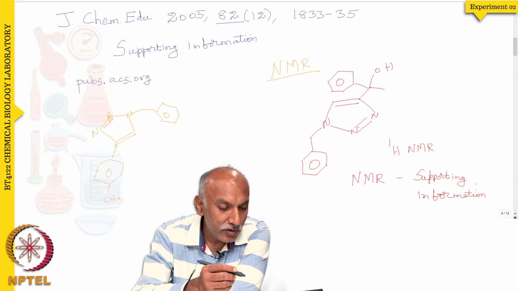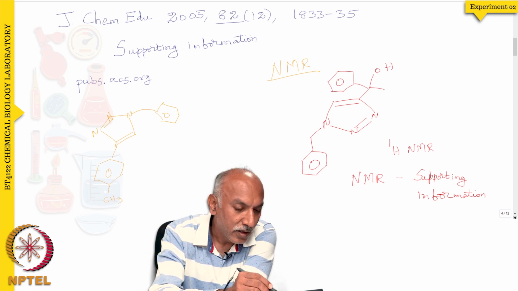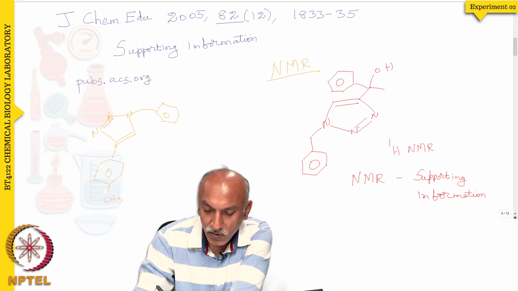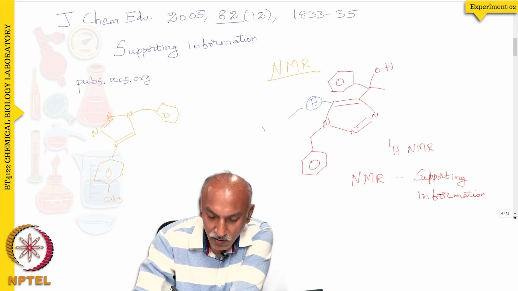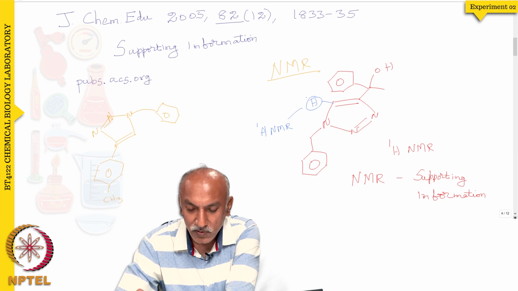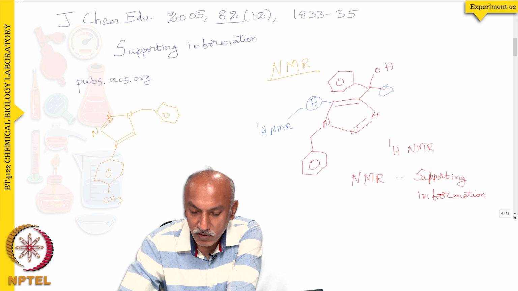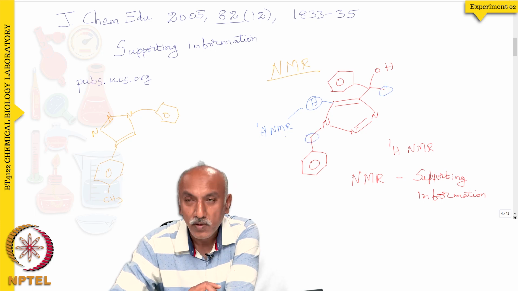I want you to find out, pinpoint in the triazoles where this hydrogen appears in the proton NMR. Apart from this, wherever you see aliphatic protons, like this one and this one, where do they appear in the NMR?